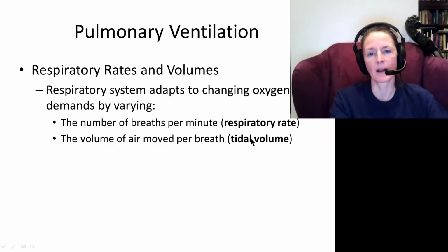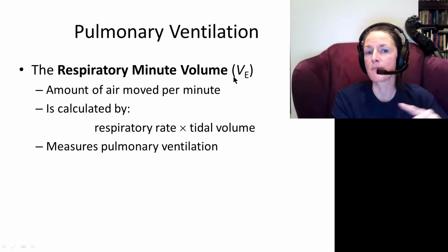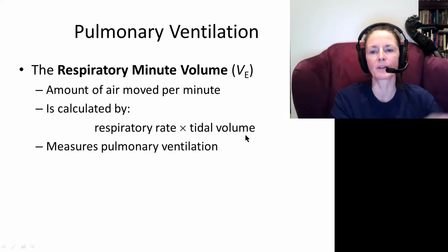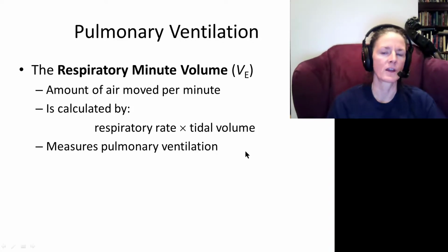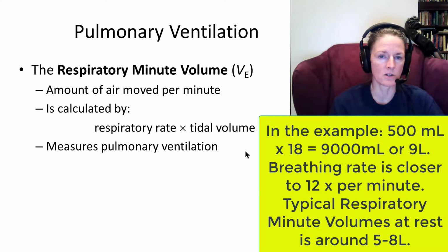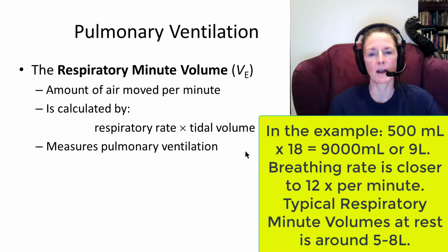Typically, at rest, it's about 500 milliliters of air. The respiratory minute volume is the respiratory rate times the tidal volume. So if you're breathing 18 times a minute, maybe, and moving 500 milliliters of air in each inhalation and exhalation, that would be typical of when you're at rest.